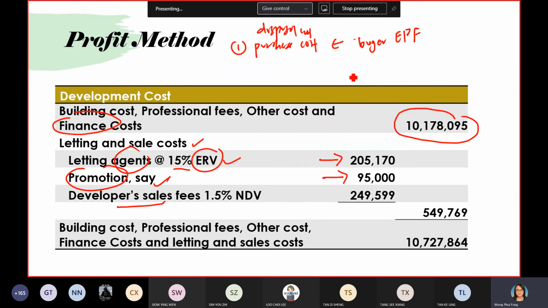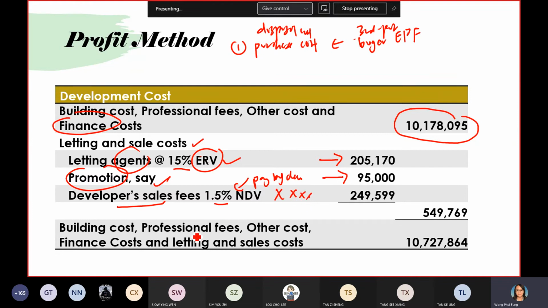The purchaser cost paid by the third party, EPF. Okay, this one, developer sales fee is, let's say if the developer intends to sell to EPF, the developer also needs to pay. This one is paid by the developer. Just now at the beginning, it was paid by EPF. So we assume 1.5% of NDV. If you don't intend to dispose to a third party, this one you ignore.